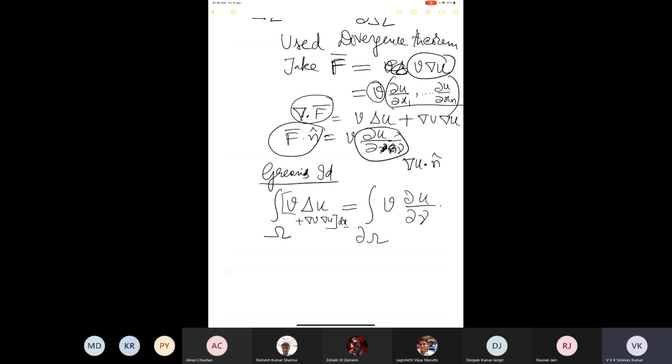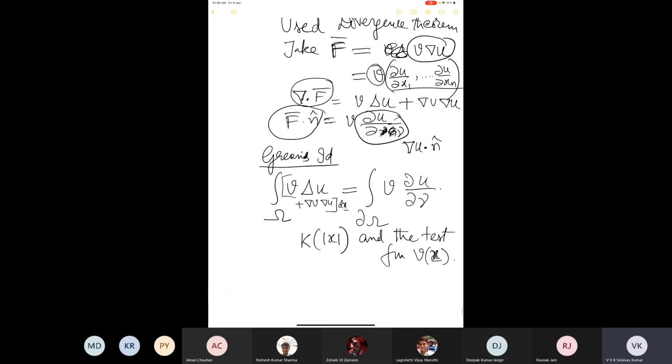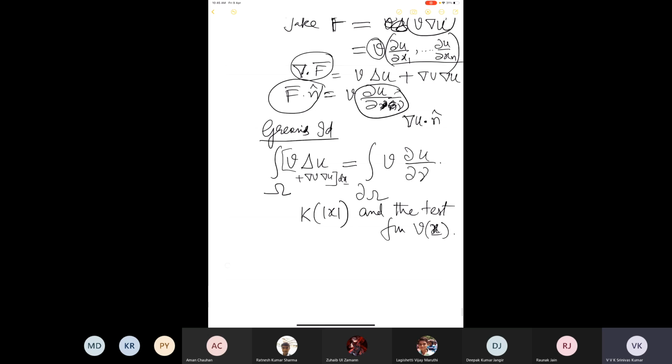So now apply Green's identity. This is our Green's identity for the functions K of mod x and the test function v of x. What should be our choice in Green's identity?